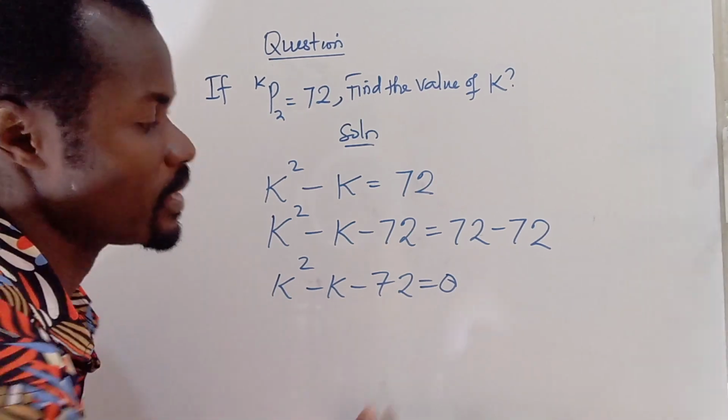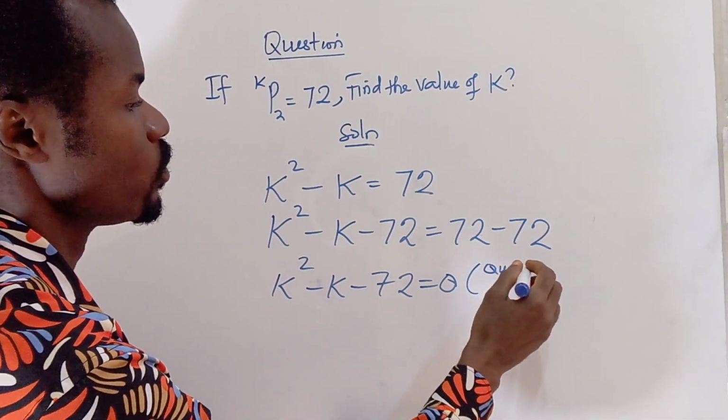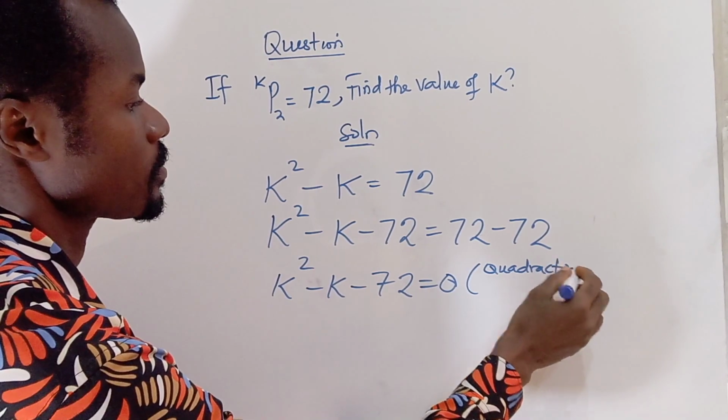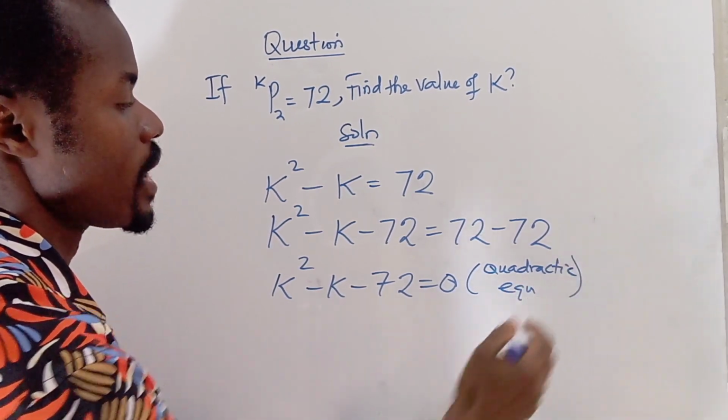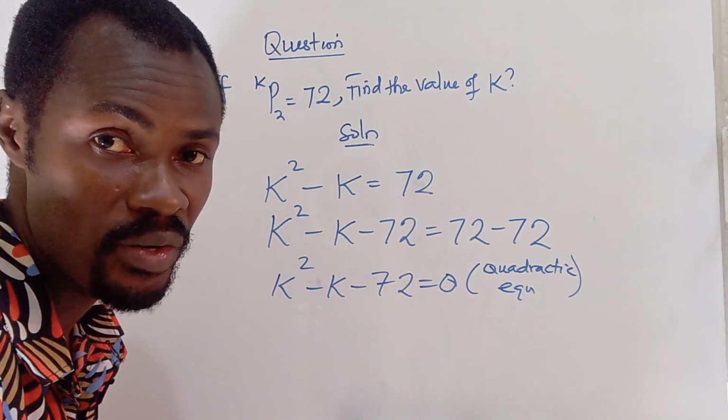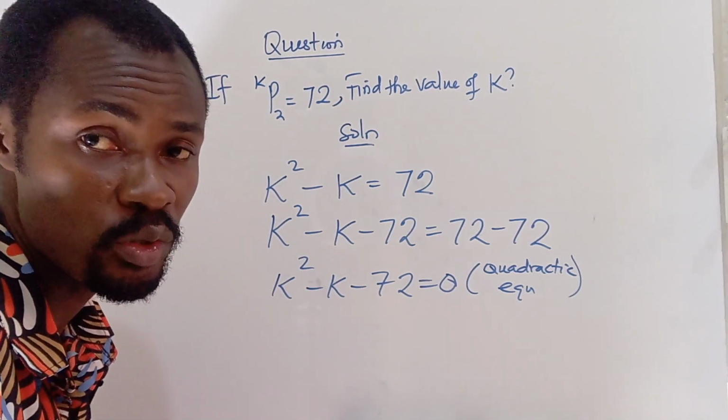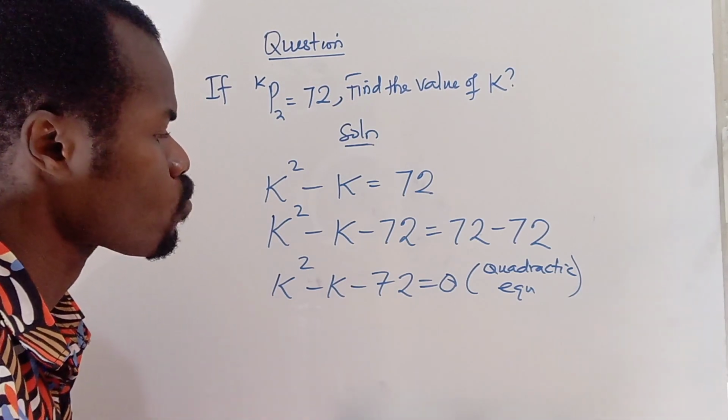So what can we observe with this? We have a quadratic equation. We can use any method to solve the quadratic equation, but in this case, I'm going to use the factorization method.